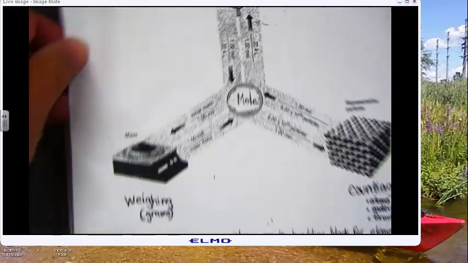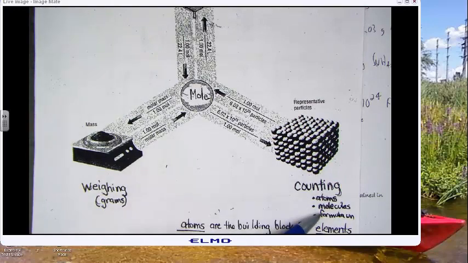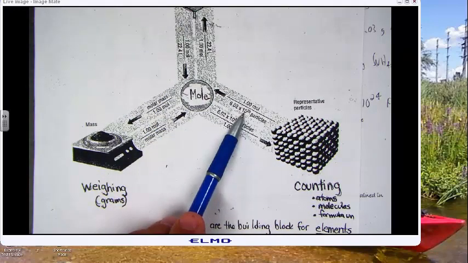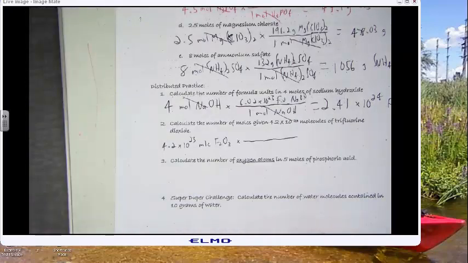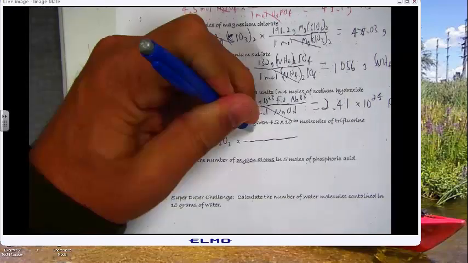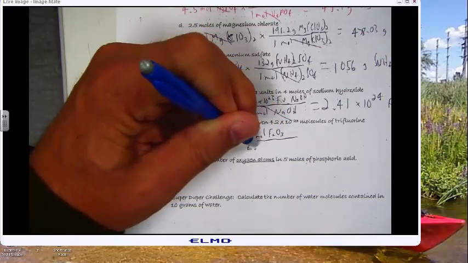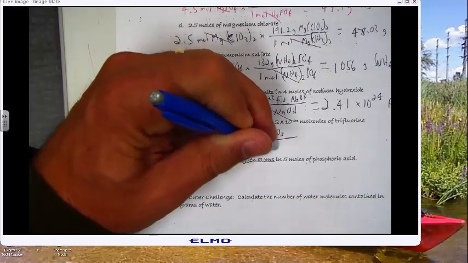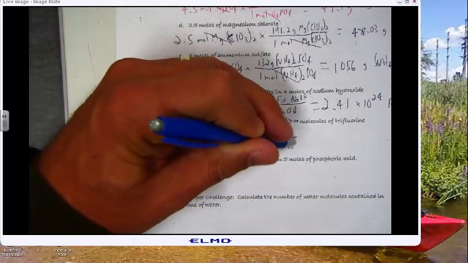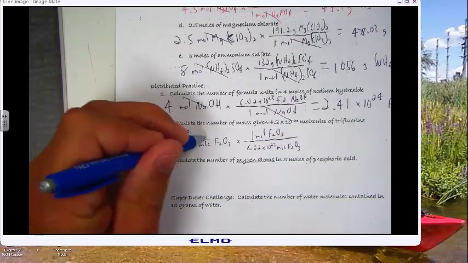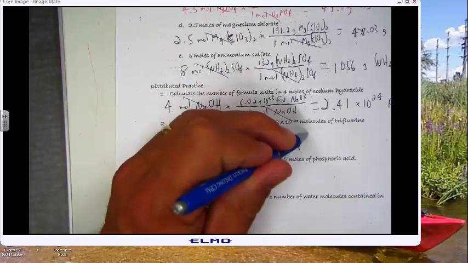According to the mole map, if I'm going from the representative particle molecule to the mole, I put 1 mole on top and Avogadro's number on the bottom. 1 mole F2O3 on top, 6.02 times 10 to the 23rd molecules of F2O3 on the bottom. Molecules and molecules will cross out.